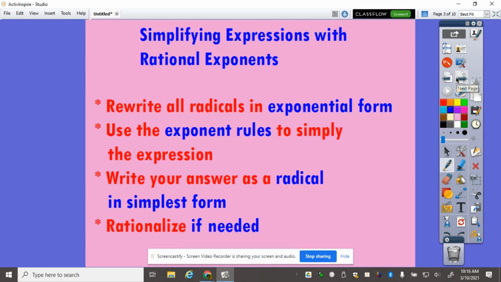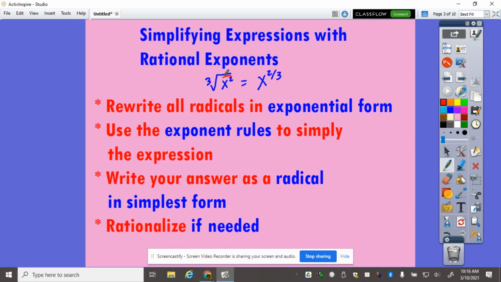Okay. So here are some rules, some reminders in order for us to simplify expressions with rational exponents. First, we need to rewrite all the radical forms in exponential form. So for example, if you're given cube root of x squared, I need you to make it x to the 2/3. You have to convert this to exponential form.